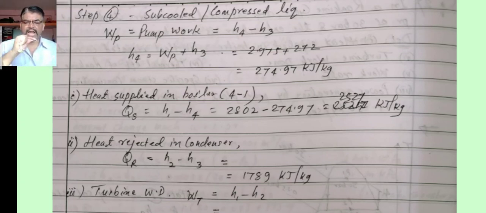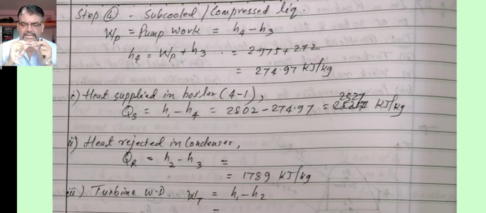First one is heat supplied in boiler, that is QS, that is H1 minus H4. Putting the values, as we have already calculated H1 and H4, we can get the value of 2527 kilojoules per kg. Now the second thing is heat rejected in condenser.